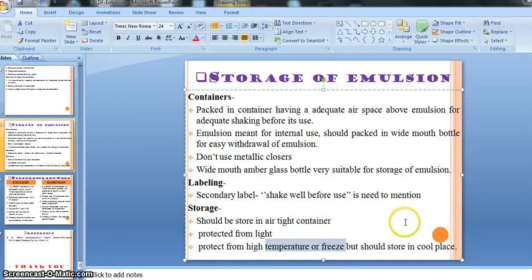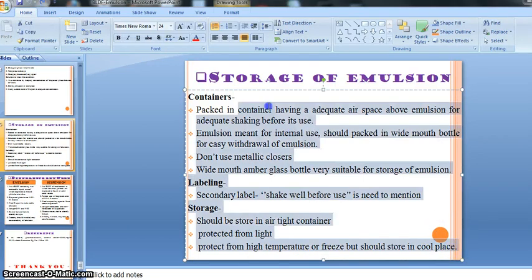So this is all about the storage of our emulsion: the container, then the labeling condition, which is very important. That's why I say don't forget to state shake well before use, right?